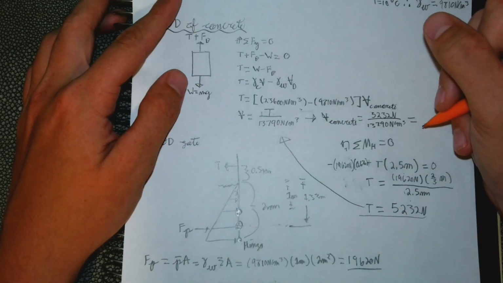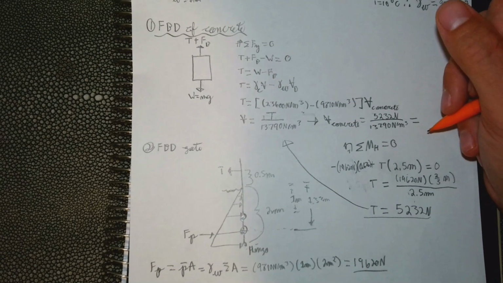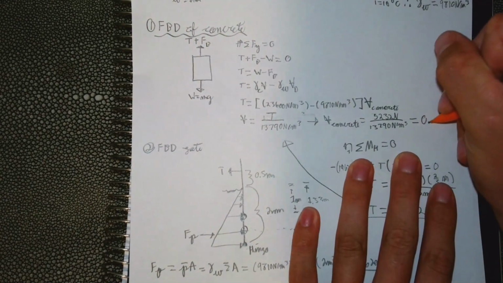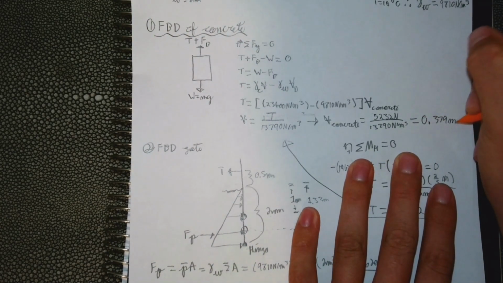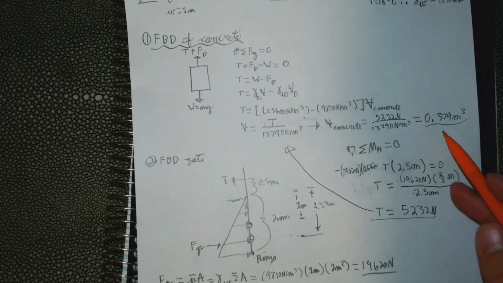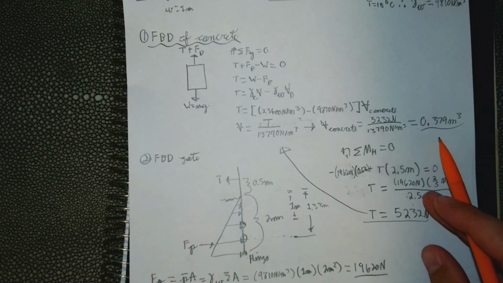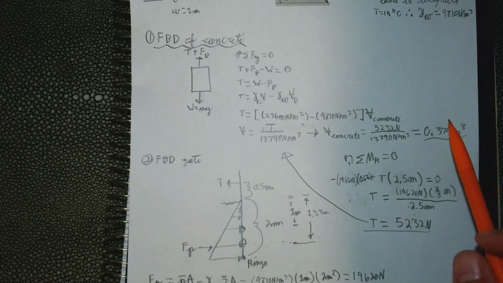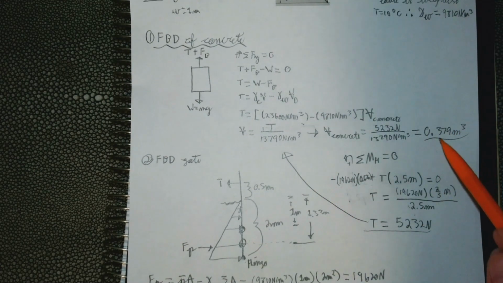And if you divide that, you get a volume of 0.379 meters cubed. So this will be the minimum volume required for the concrete block to make sure that the gate will stay shut.